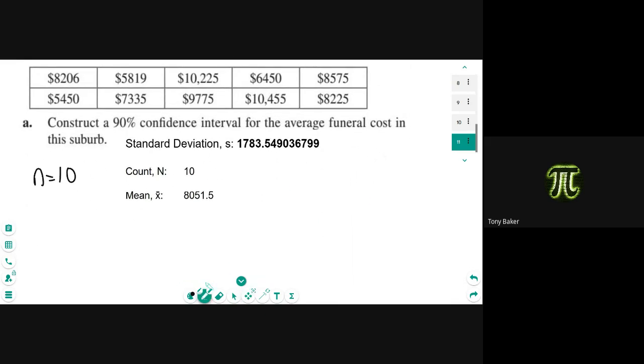Okay. So am I using Z or T? Why? Good. All right. So what's going to be my T for this one?